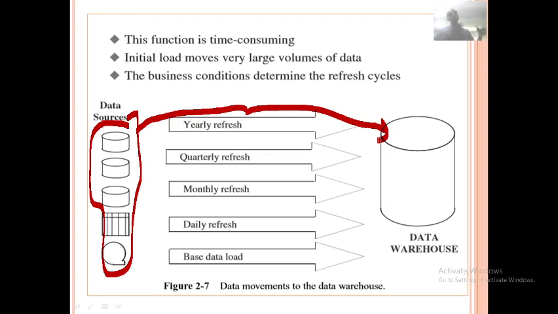Some data will be transferred once in a month. Some data will be transferred on a daily basis, at the end of the day. And some base data is loaded every time. This is how the data will be transferred from data sources to a data warehouse.